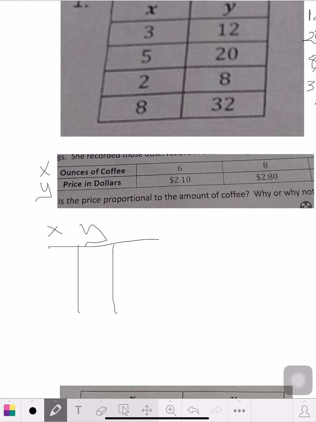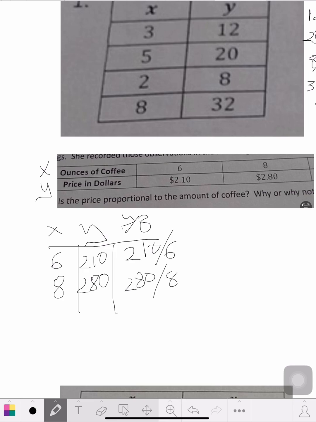The first one is 6 as the X and 210 as the Y. Next one is 8 and 280 is the Y. So now let's put Y over X, the bigger number at the top. We got 210 divided by 6. Then we got 280 divided by 8.